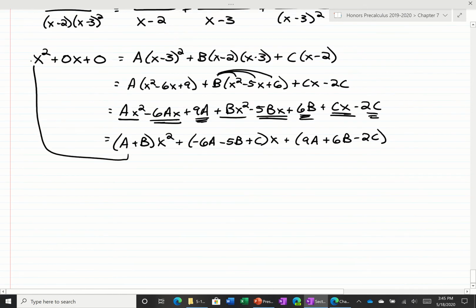So the total number of x squareds is 1. Get negative 6A minus 5B plus C is equal to 0. And 9A plus 6B minus 2C is equal to 0. I'll eliminate the C's by multiplying this top equation by 2.